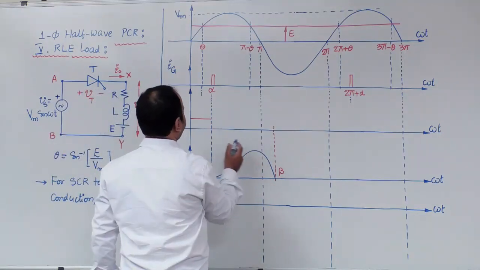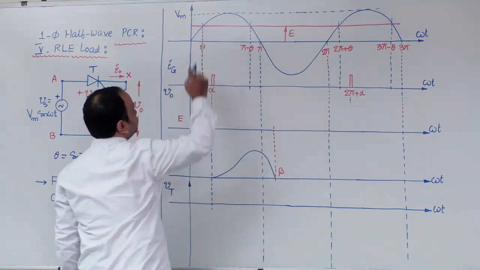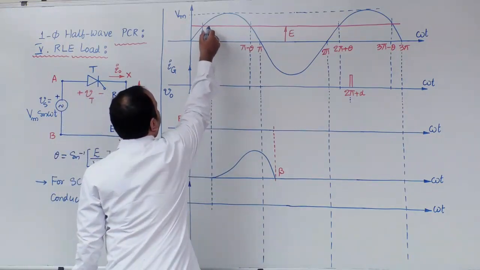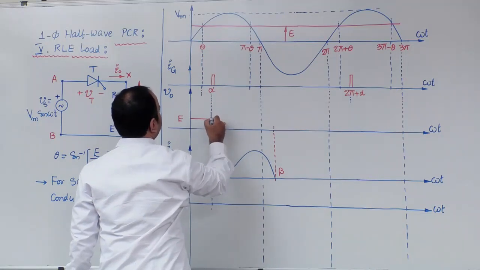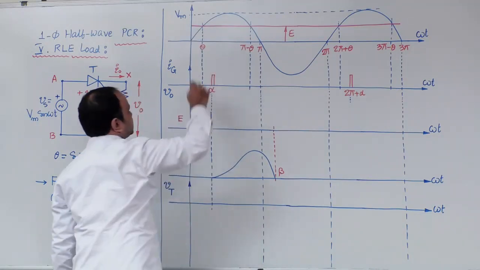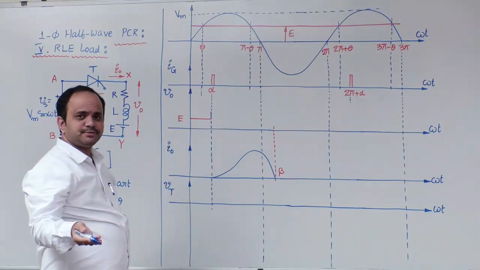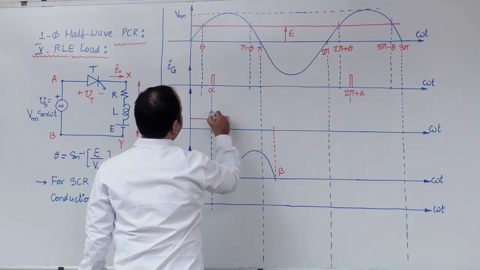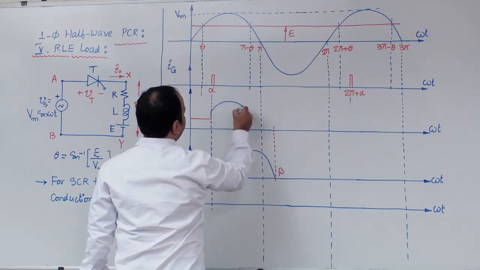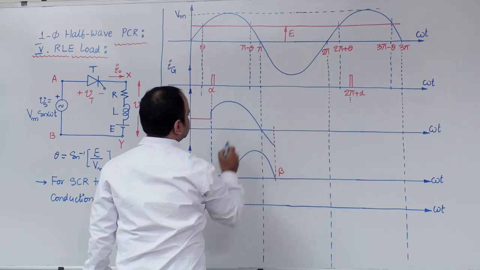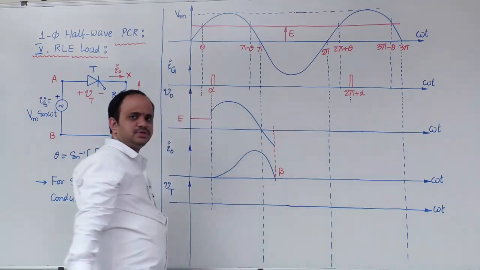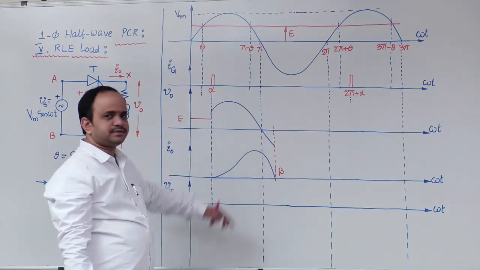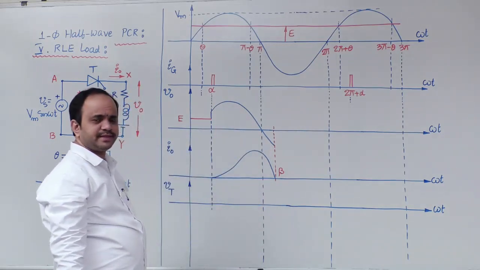But we know that at alpha, the output voltage will be greater than E, because Vm sin alpha is more than load EMF E. Now from alpha to beta, if you draw the output voltage, which is just similar to the source voltage, then the V0 waveform looks like this.